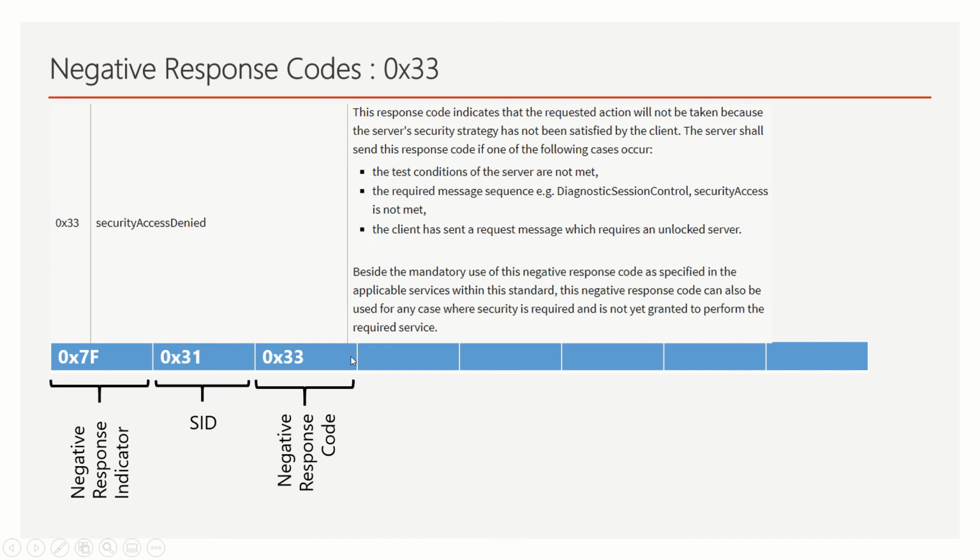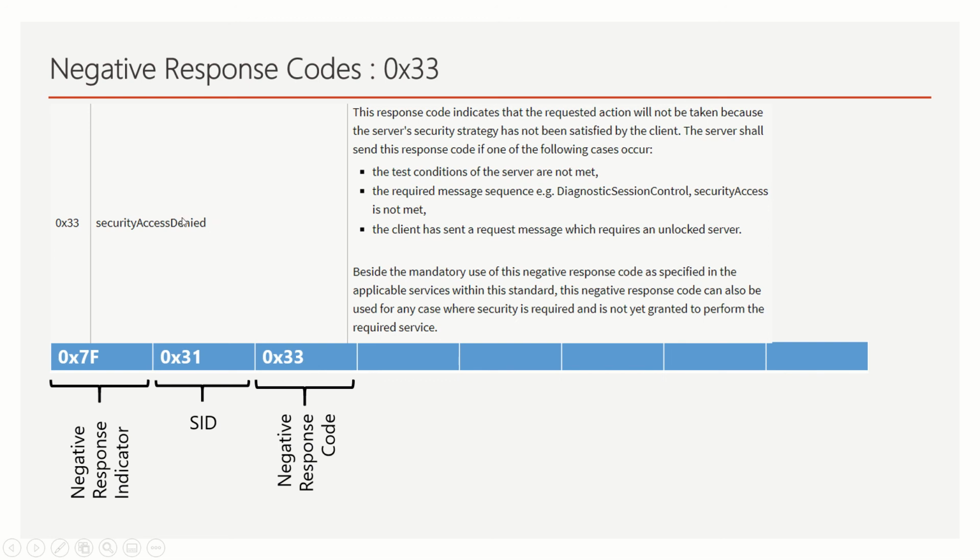And the next one is the negative response code 33, which is used when, let's say, the service is protected with security and you try to access it. For example, if you are trying to download to a particular block directly without security access, then you will get security access denial.